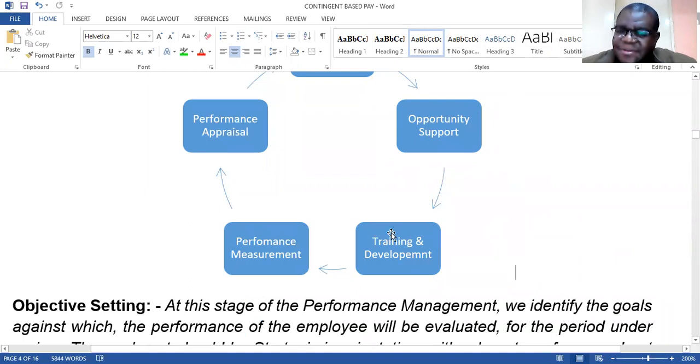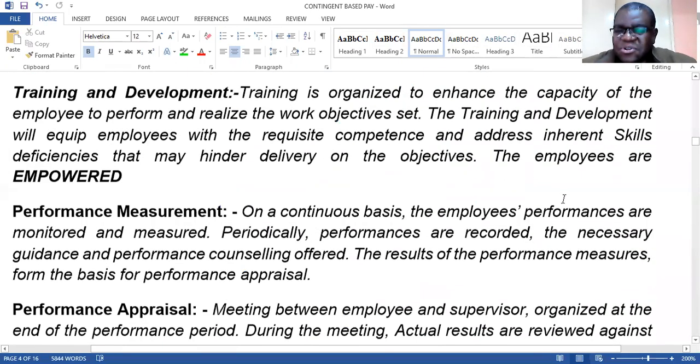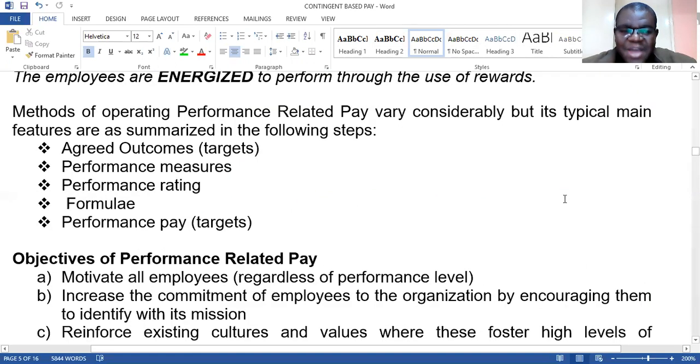Train the individuals, then let them perform. As they perform, you measure the performances, and in the final analysis, you'll carry out a performance appraisal, which would be the basis upon which you will be rewarding your employees.